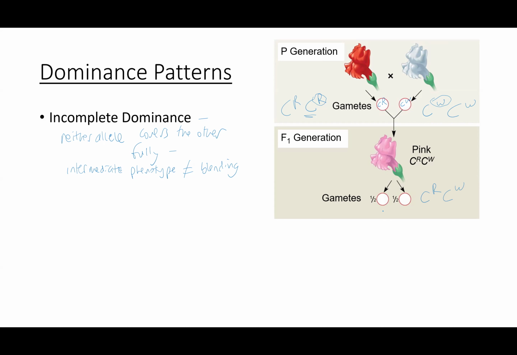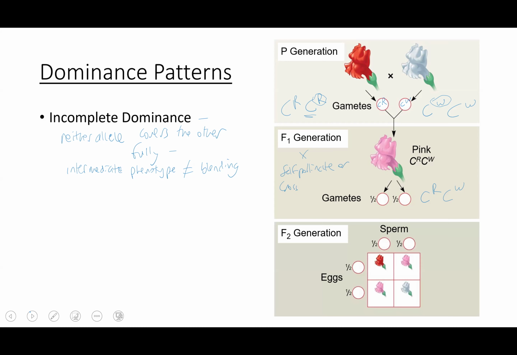And the reason that we know that this isn't a blending thing where we've made some kind of new pink gene is because if we take the F1 generation and we let them self-pollinate, or we cross them, we end up in the F2 generation with one pink plant passing on CR or CW, because those are the possible alleles.